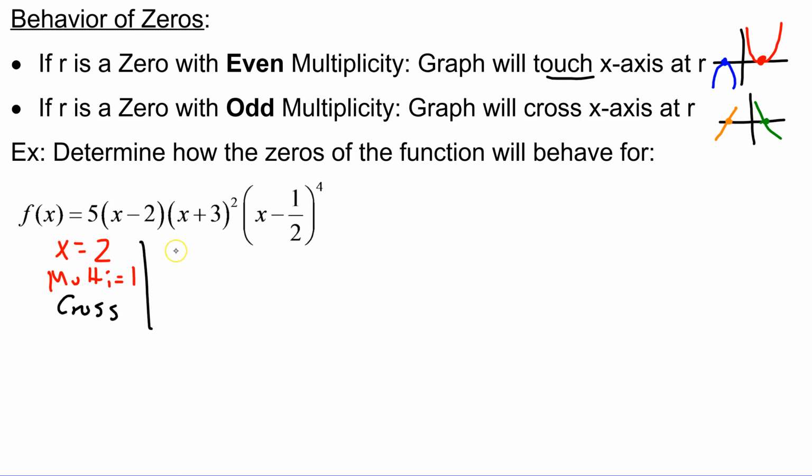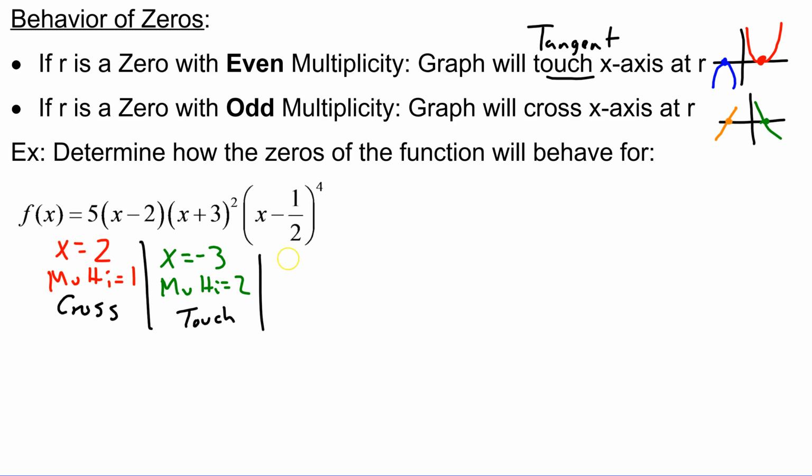The next 0 or x-intercept that we found was at -3, and it had a multiplicity of 2, which is even. So that means we're going to have that touch. Sometimes it's called a tangent behavior too. So sometimes this is also referred to as tangent because it's tangent to the x-axis.